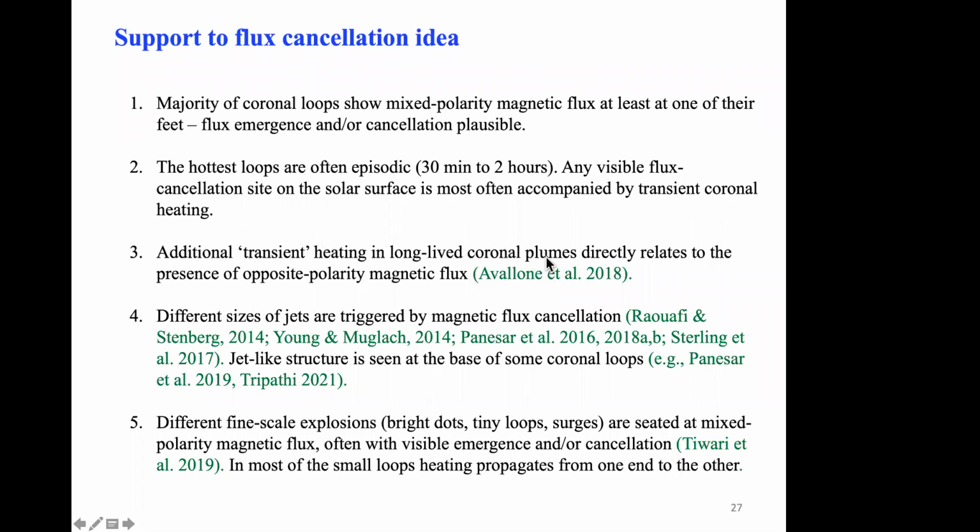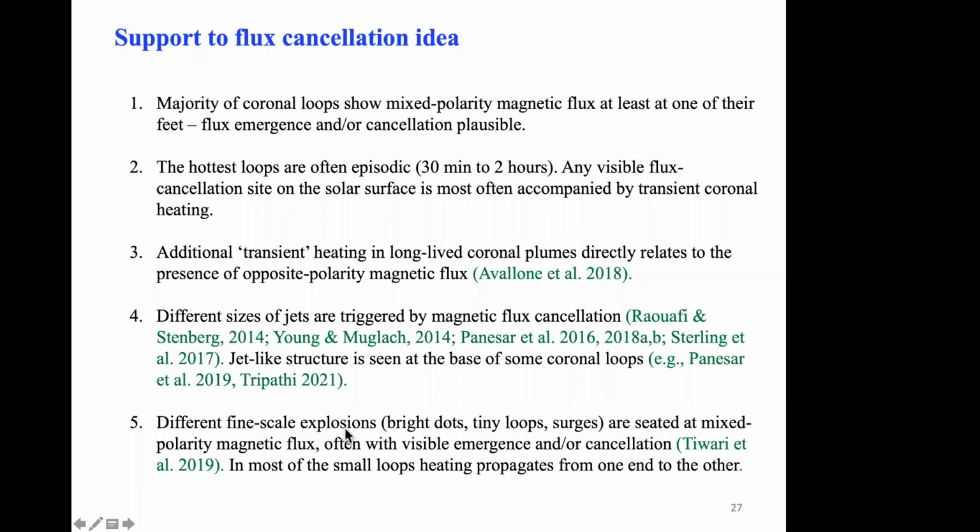In Evlan et al., we found that unipolar plumes have additional heating whenever there was presence of mixed polarity magnetic flux on the surface. That means there is additional heating driven by cancellation. Different sizes of jets are triggered by magnetic flux cancellation. Recently, a jet-like structure is seen at the base of some coronal loops also.